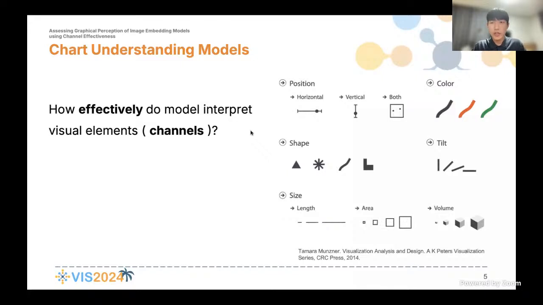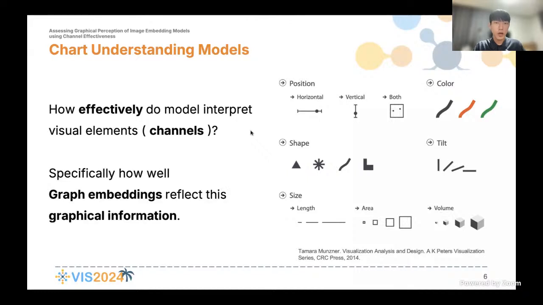So we want to understand how models perceive charts at a perceptual level, such as how well they interpret visual elements called channels, which control the appearance of marks in visualizations. Instead of focusing on high-level tasks like question answering or chart captioning, we examine graphical perception at a low level, specifically how well the model captures graphical information at the image embedding stage.